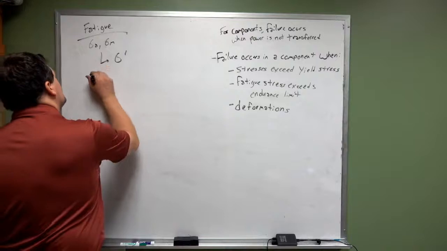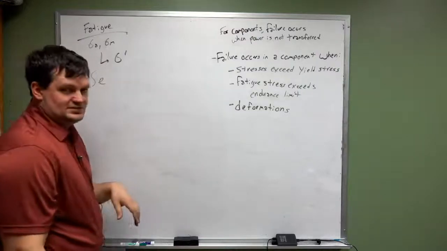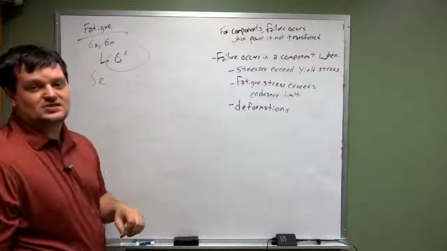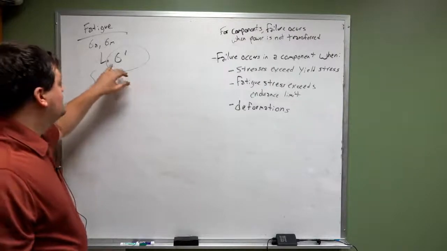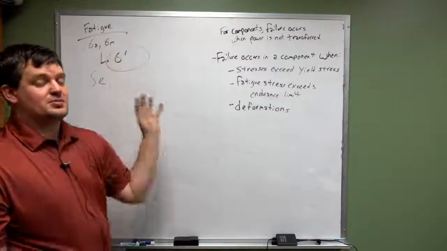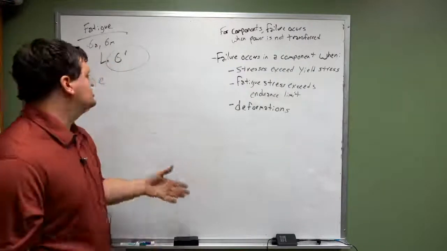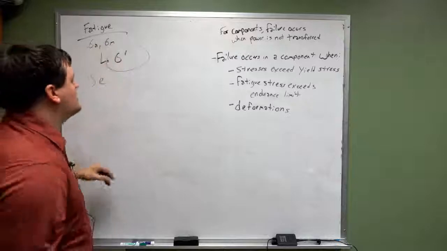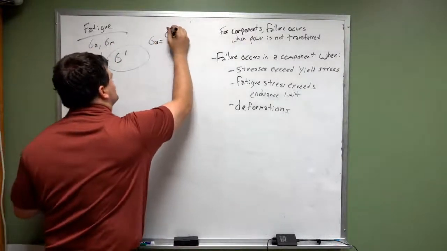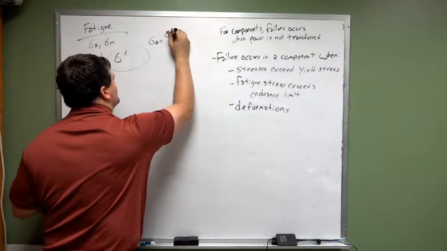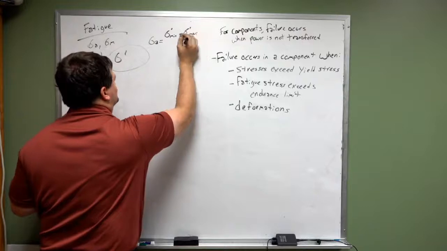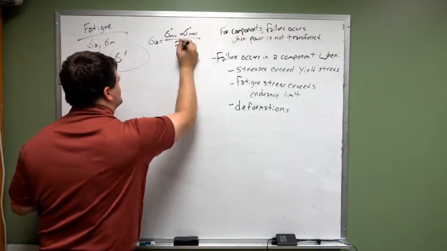Once you know this, you have to come up with your endurance limit. So all of the process of figuring out your von Mises stress is still valid. You use your now two von Mises stresses, one at your minimum location, one at your maximum location, to figure out sigma A and sigma M. Here, sigma M is equal to your von Mises minimum plus your von Mises maximum divided by 2.